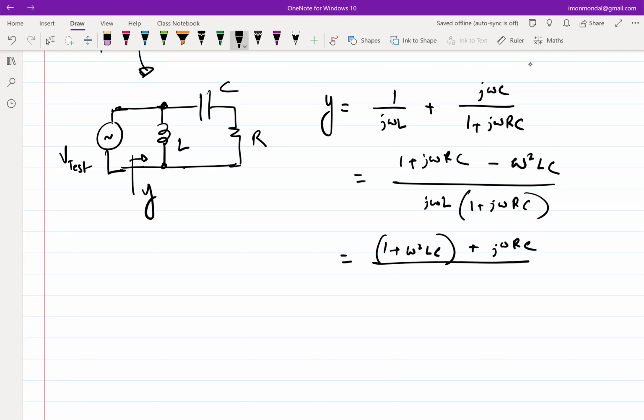So the denominator becomes j omega L minus omega square R LC.